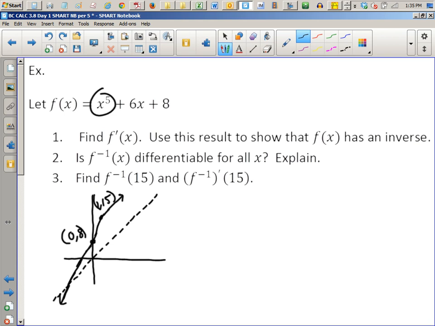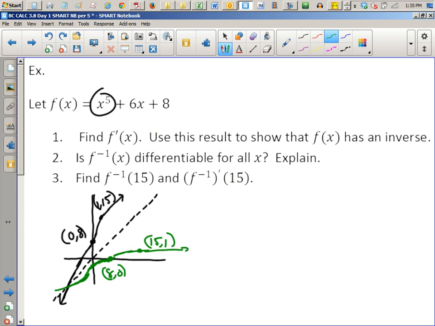I'm just trying to glean a little bit of information about my inverse from this guy. Can you tell me a couple points that would be on the inverse function? (8, 0) and (15, 1), right? (8, 0) is on there. (15, 1) is on there. They have to be, right? And maybe the graph looks something like this.